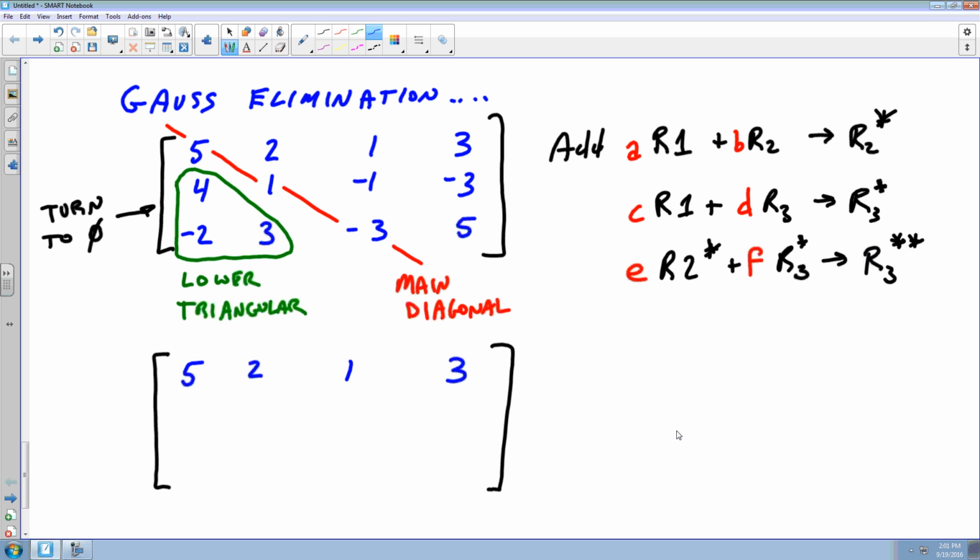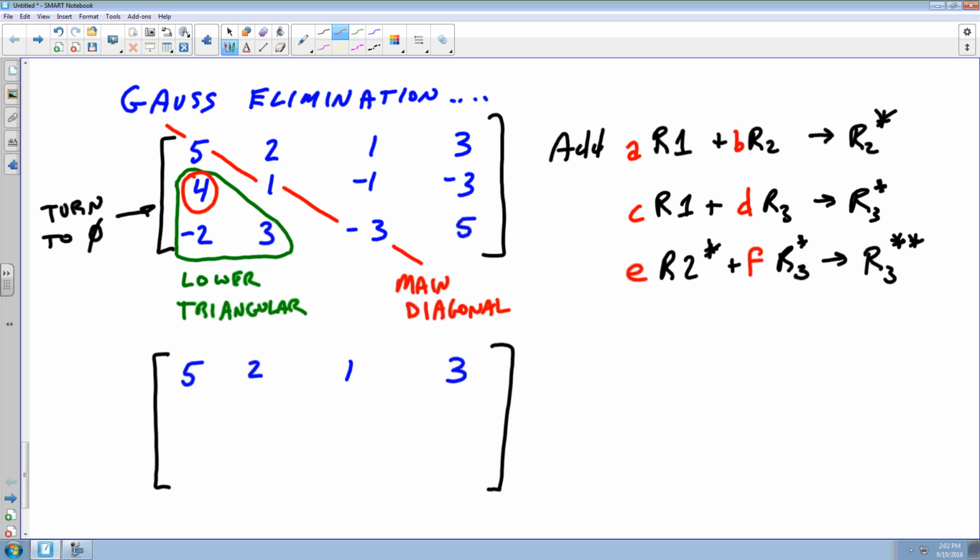You're good. Now let's take a look at that second row up there at the top: 4, 1, minus 1, minus 3. The goal here is I want to turn this term right here, see that 4 there? I want to turn it into a 0.